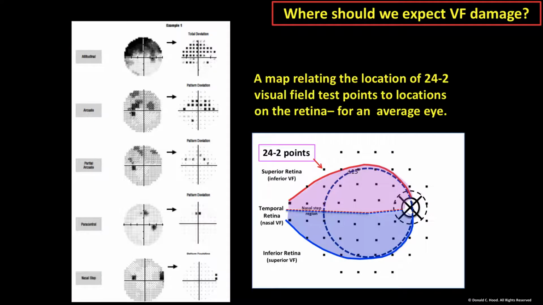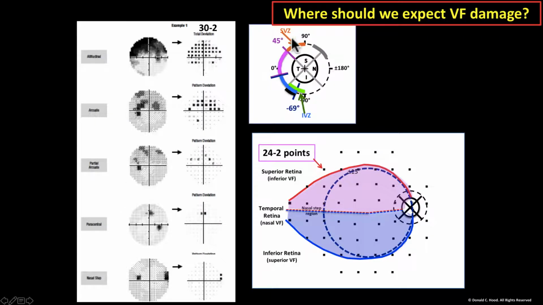Now, where should we expect visual field damage? Well, here's our map that relates the location of 24-2 fields to the locations on the retina for an average eye, right? By the way, this is a 30-2, so it's got an extra ring of points. All right, so let's combine it with our model of where damage is, right?